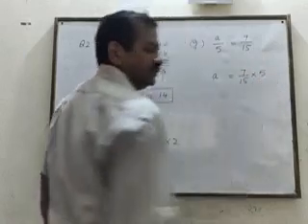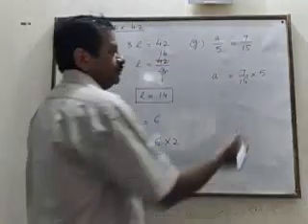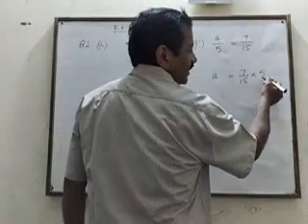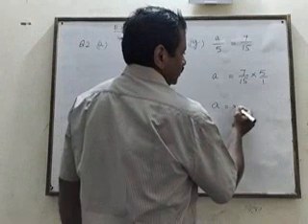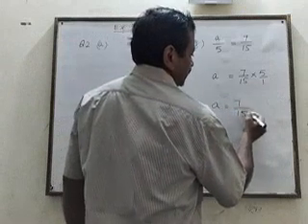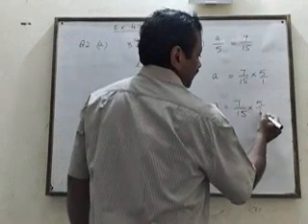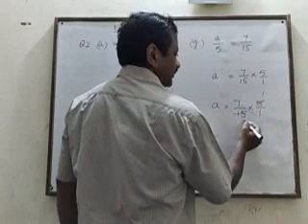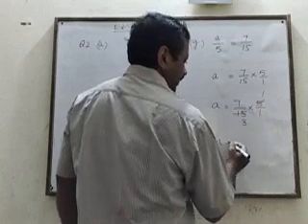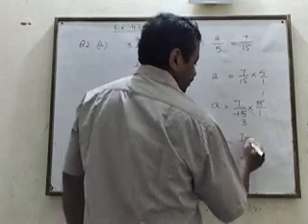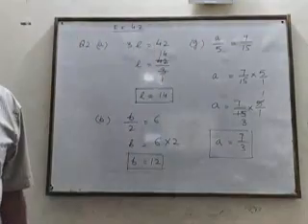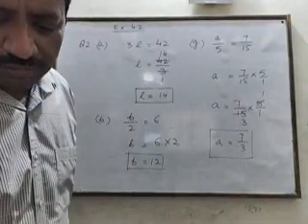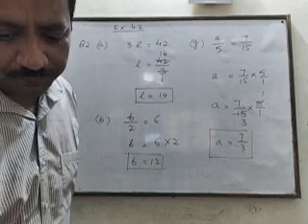Multiply 5, and nothing below 5 is there, so 1 is there. So a is equal to 7 upon 15 multiply 5 upon 1. 5 ones are 5, 5 threes are 15. A equal to 7 upon 3. So very easy questions.